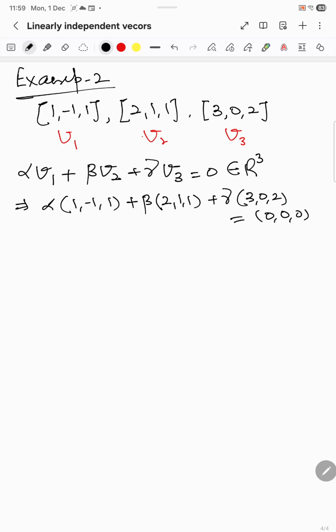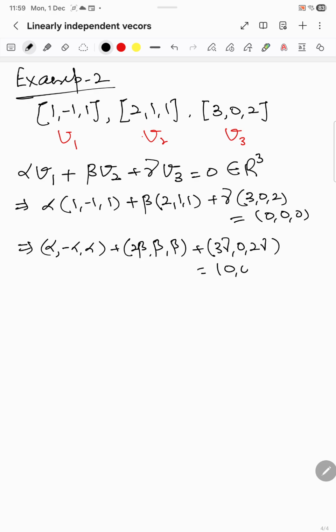From here we obtain alpha plus 2 beta plus 3 gamma, minus alpha plus beta, and alpha plus beta plus 2 gamma, equal to 0, 0, 0.